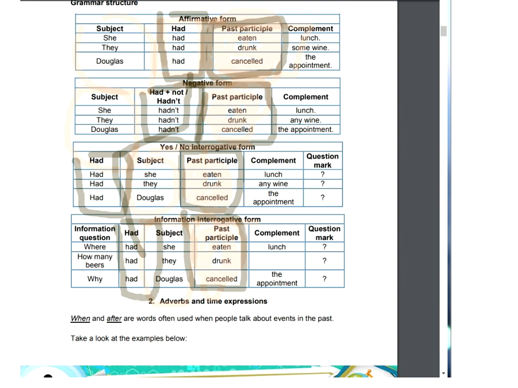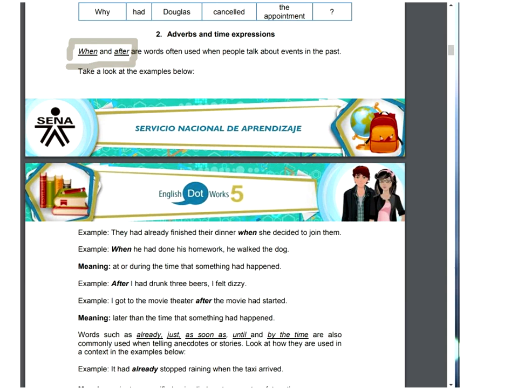Let's move on. The second topic is adverbs and expressions. The expressions are when and after. We have some examples here. They had already finished their dinner when she decided to join us.